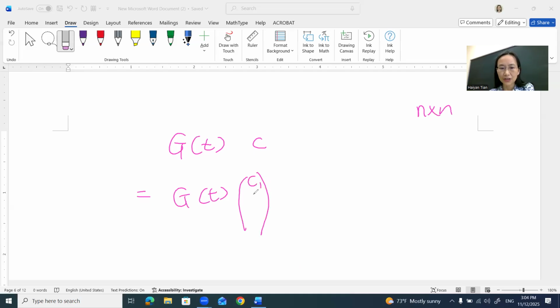It is a vector. So we can write it in this form, C1, C2, and so on. So it's a column. G times a vector. Recall that we can write G as n columns: the first column is gamma 1, the second column is gamma 2, and the last column is gamma n. So we write the G matrix in that form and then times this vector.